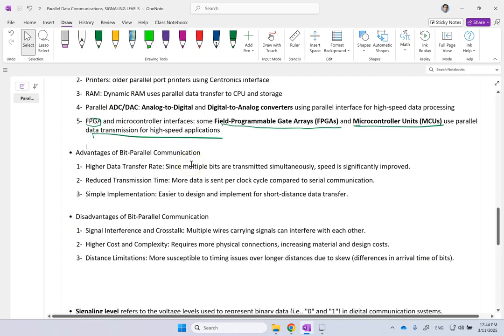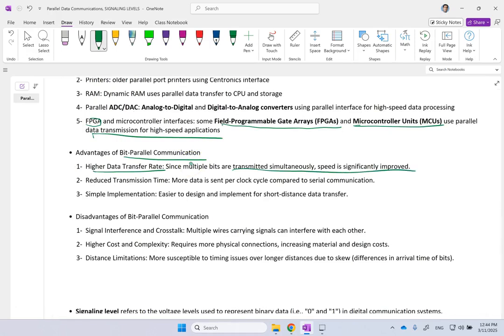So as you may recognize, the biggest advantage of parallel communication is, of course, higher data transfer rate because you're doing several lines, several bits at the same time. Of course, higher speed means reduced transmission time, right? And then they are actually relatively simple implementations as long as your data transfer is mostly within short distance.